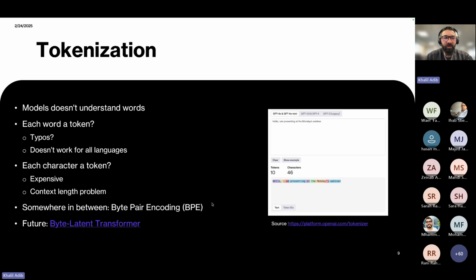I think your second question answers your first question, because we don't have to have a fixed set of tokenization. As the name suggests, it works at the byte level. It understands the byte representation of the characters and then tries to build those relationships.